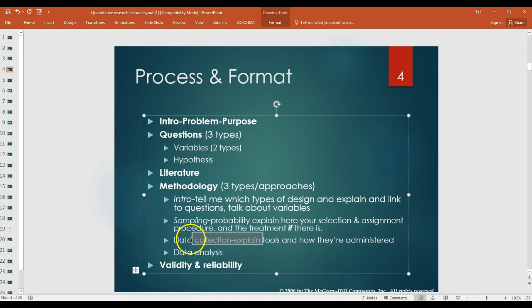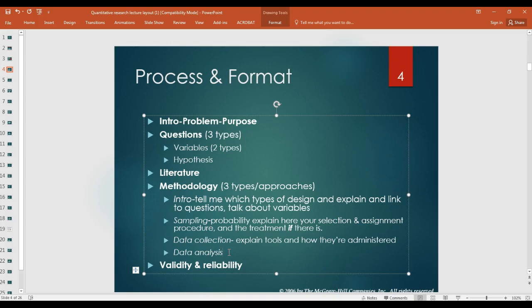Okay? Let me, here we go. And then data analysis. The italicized subheadings are common between qualitative and quantitative.